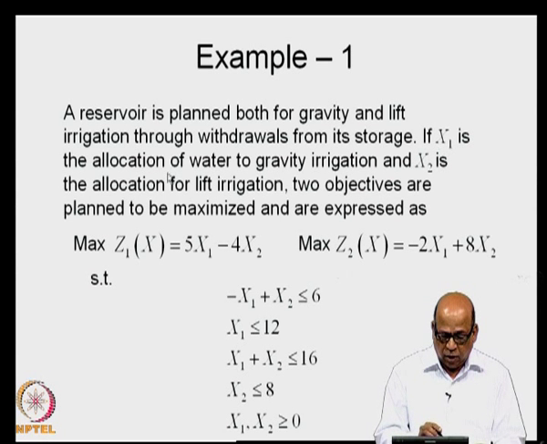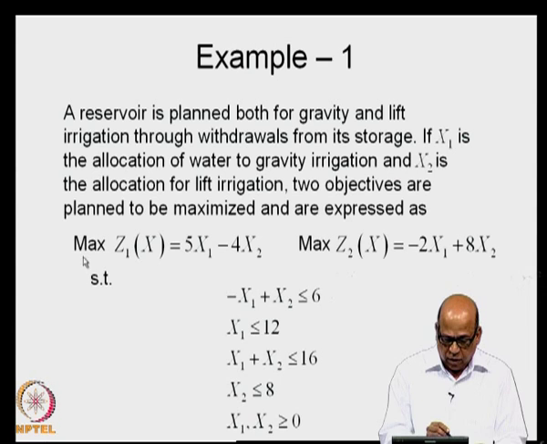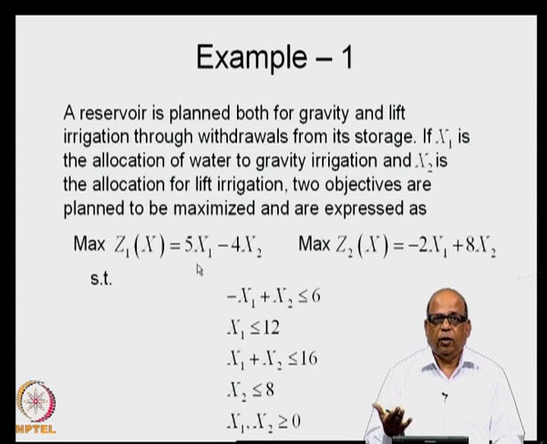Now, x1 is the allocation of water to gravity irrigation and x2 is the allocation for lift irrigation. Let us say that we then formulate two objective functions, maximize z1 of x and maximize z2 of x. Now, these may be related to the returns that you get out of the water allocations, to the crop yield, to the power that is consumed and so on.